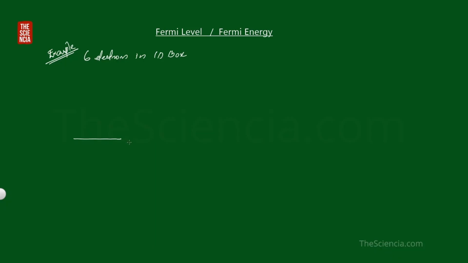That is, the ground state energy is E1, the first excited state is 4E1, and the next one is 9E1. So 6 electrons are filling in the states. This is the ground state. So filling like this. Okay. Now someone asks you what is the Fermi level of this arrangement of particles.